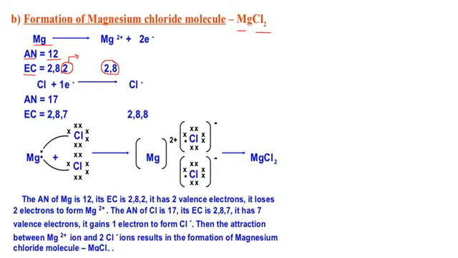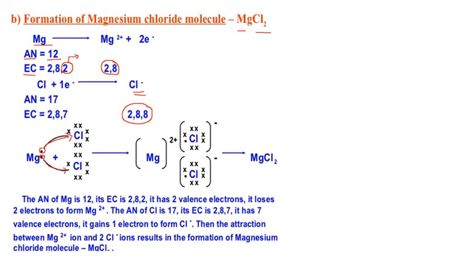We know that one atom of chlorine always requires 1 electron to attain an octet state. So of the 2 electrons of magnesium, one will be given to one atom of chlorine and the other will be given to the other atom of chlorine.